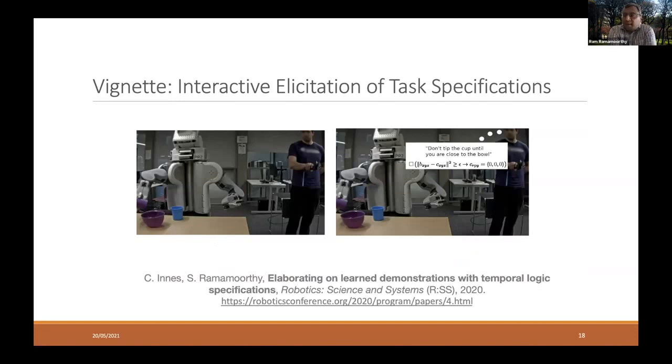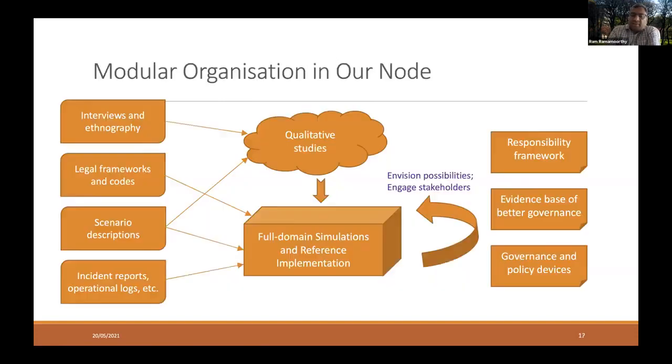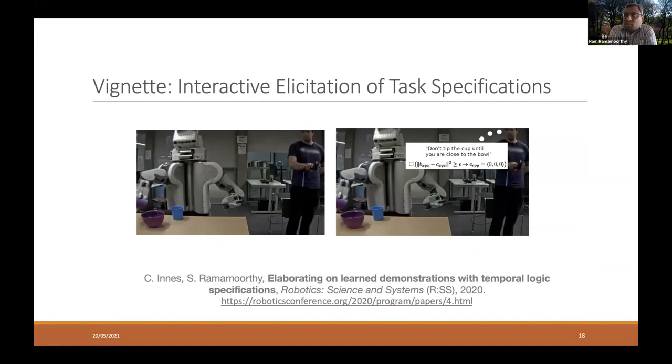So the first vignette refers to this process of how exactly an end user who's not a computer science specialist can work with the process of putting together these full system simulations in a domain. So, acknowledging that specifications don't exist up front, you have to interactively elicit them from people and give people mechanisms to tell us what the tasks are.